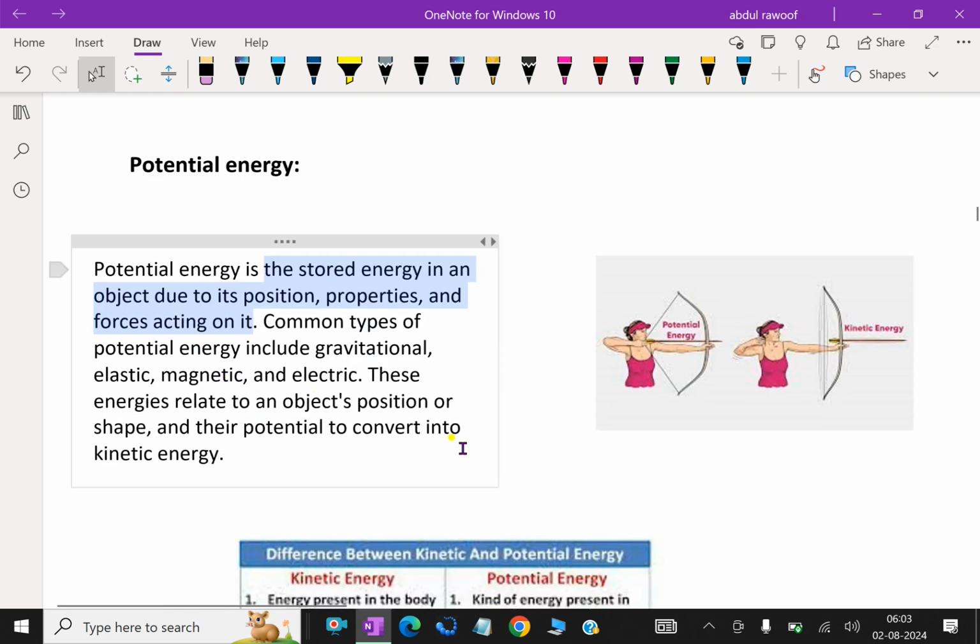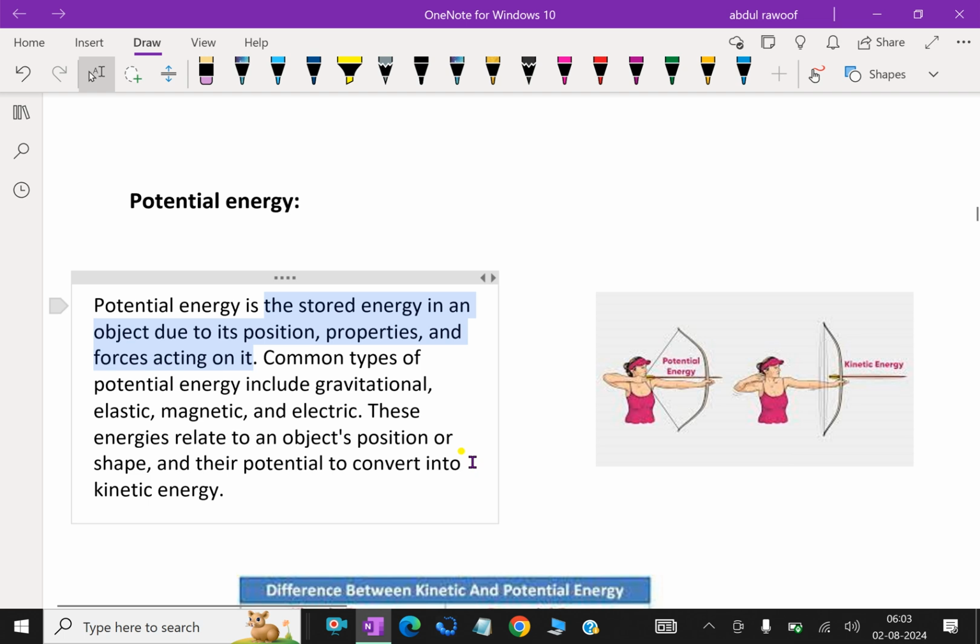Potential energy is the stored energy in an object due to its position, properties and forces acting on it. Common types of potential energy include gravitational, elastic, magnetic, and electric. These energies relate to an object's position or shape and their potential to convert into kinetic energy. Look here: this is potential energy, and on release the arrow has kinetic energy. The arrow moves faster.